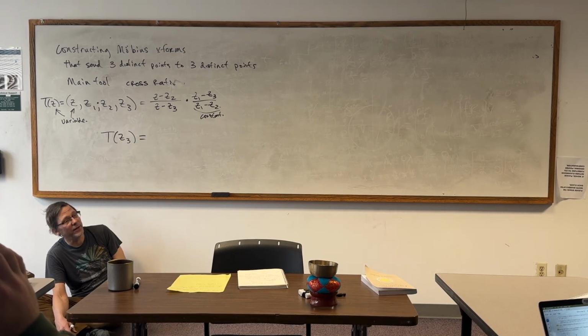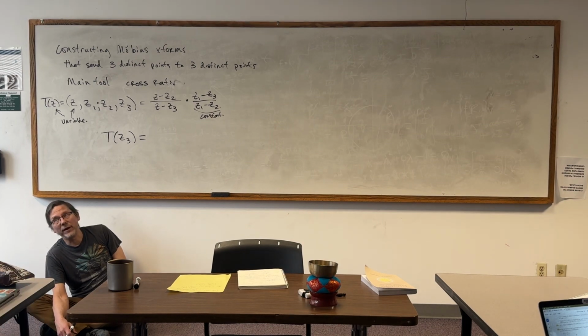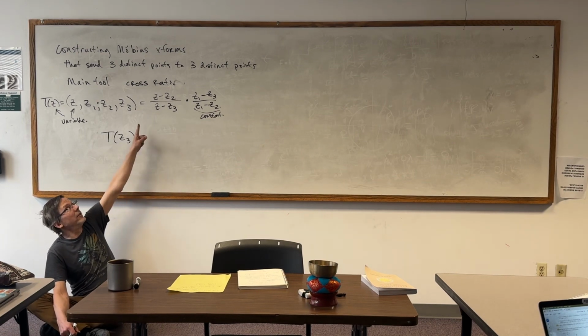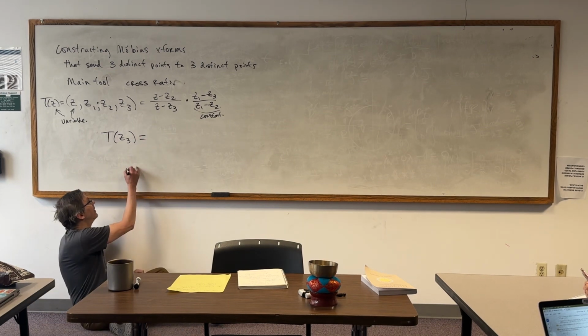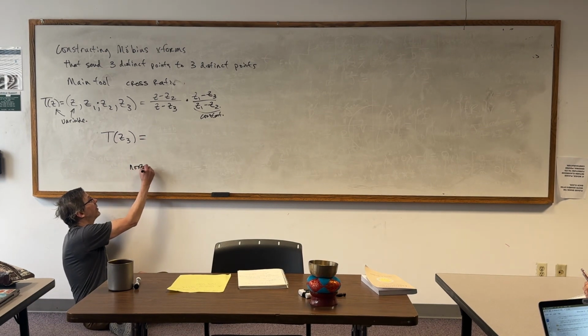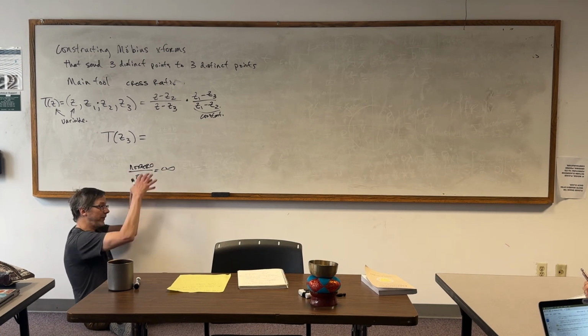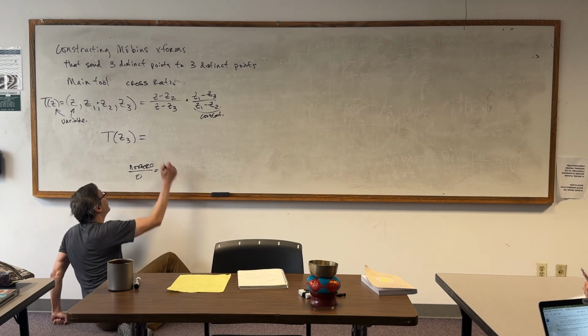I'm assuming it's not. What does that give me? Infinity. Because I get division by 0. You see that? When I plug in Z3, I get Z3 minus Z2 over 0. And we've defined this, a non-zero over a 0 is infinity for us in the extended complex plane. So that's infinity.